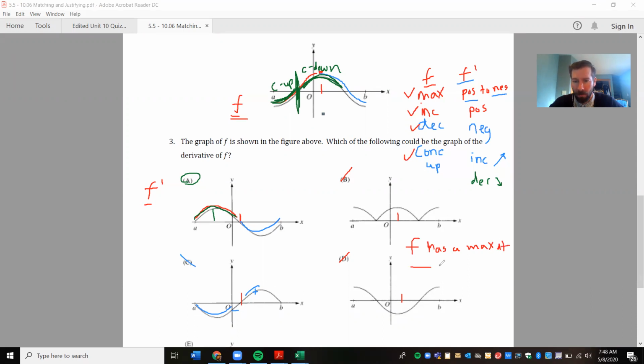We knew that f prime was going to change from positive to negative, right? So that's kind of like a nice sentence starter where you can say, okay, if f does this, that means f prime is doing this. And we can always flip this if we have to go the other way around.